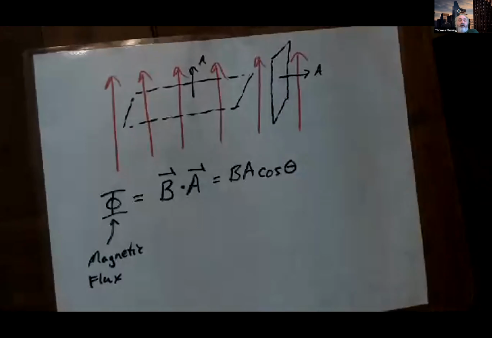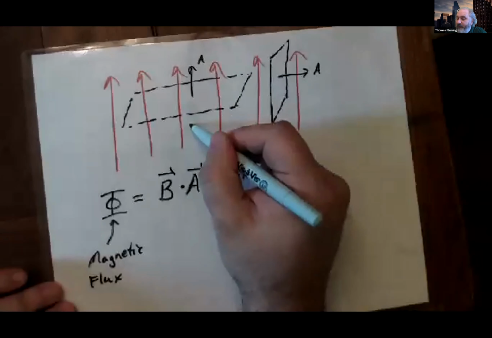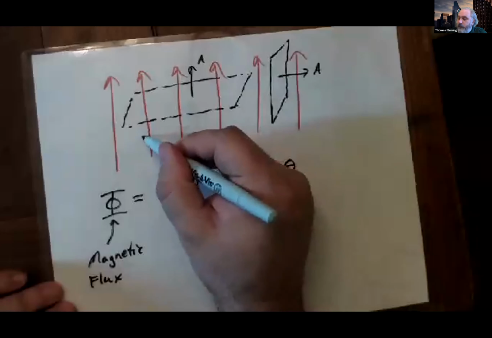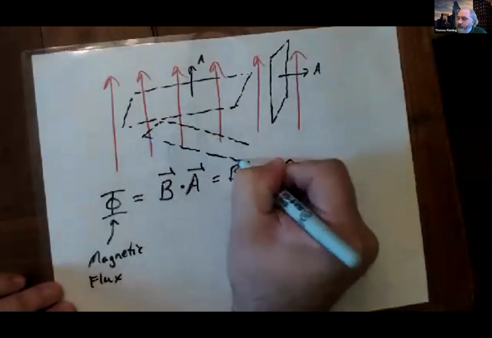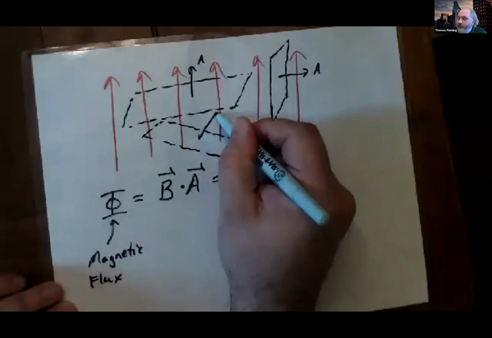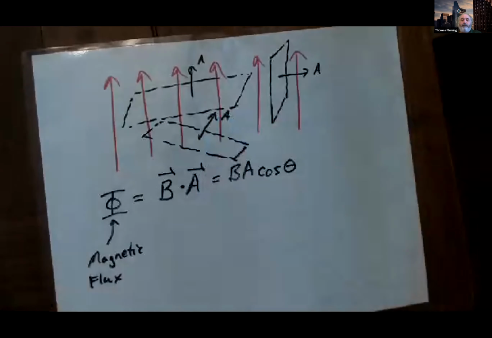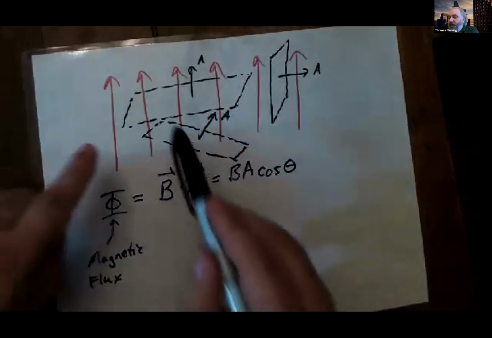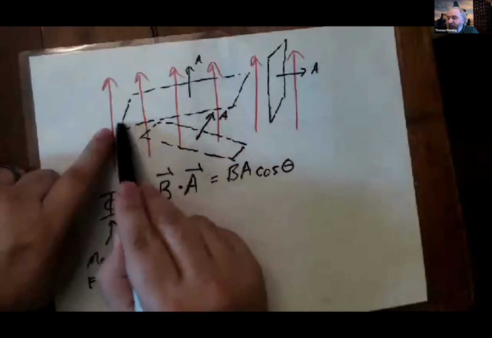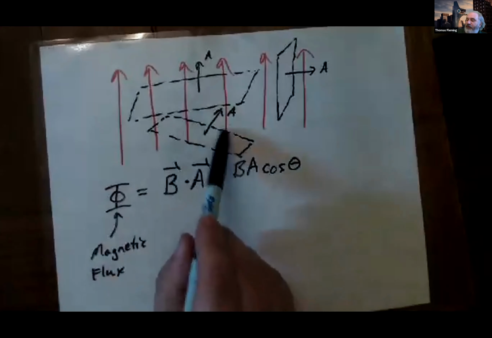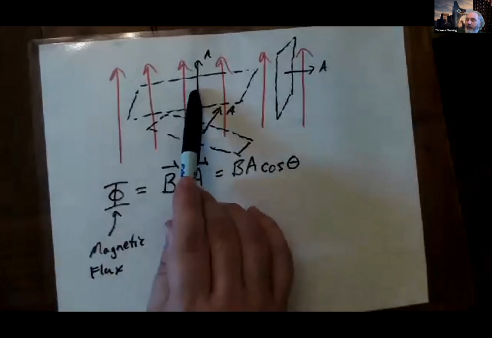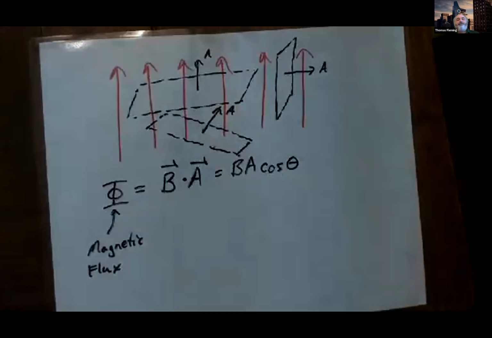I get 0 flux. And obviously, if I was oriented at some in-between angle, well, what's going to happen is there were probably some lines that could have gone through this edge, but when I tilt it, they're going to miss now. So I'll get less flux from this than I got from this, but I'll get more flux from this than this.